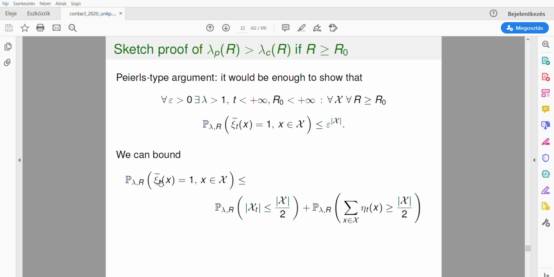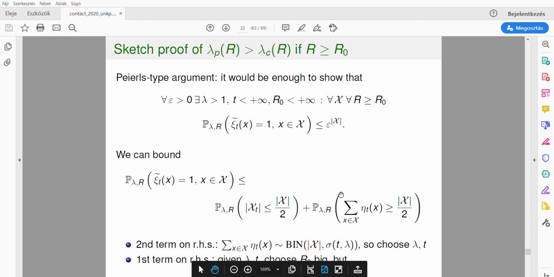One way is to bound the probability that my coupling is well behaved, and the probability that my branching random walks are well behaved. The second term is very easy because my branching random walks are independent, so this sum has a binomial distribution. But the first term is tricky.